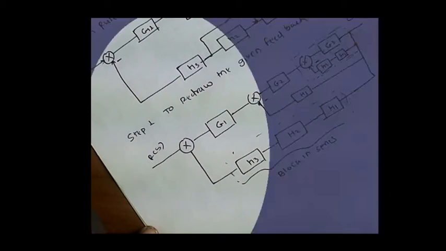So we obtain, when the blocks are in series, according to the reduction rule they are multiplied here, and we can remove the feedback loop. So G1 is at the second summing point, G2, and here is a negative feedback.